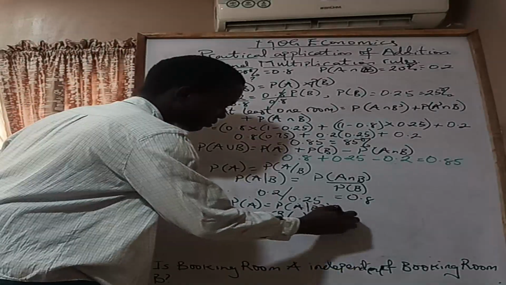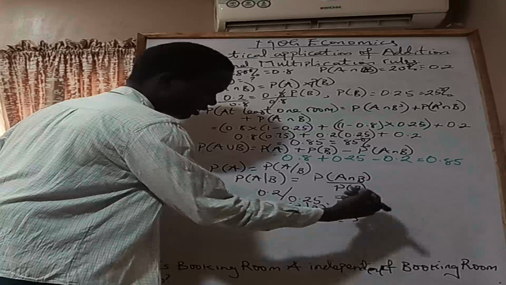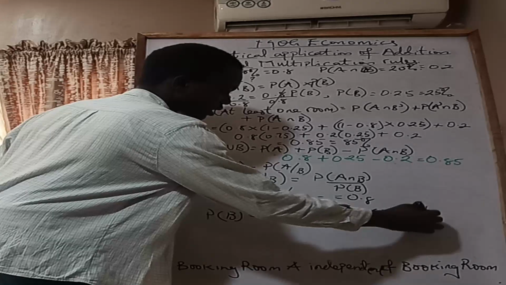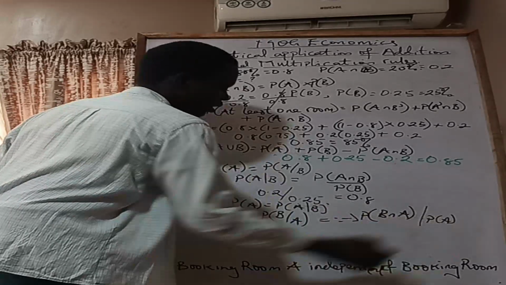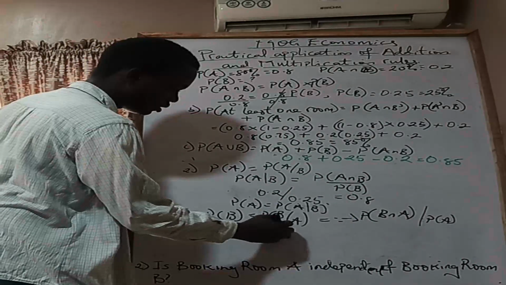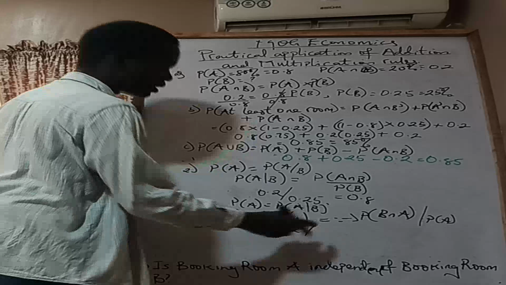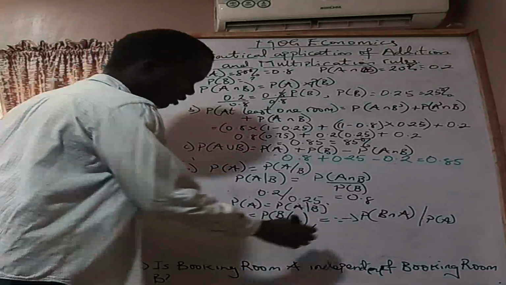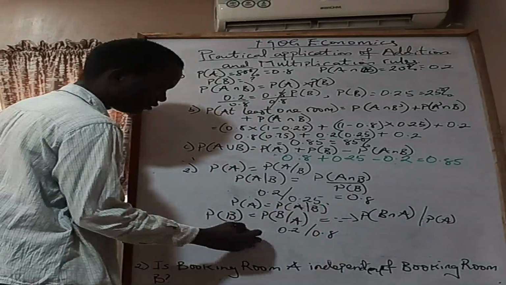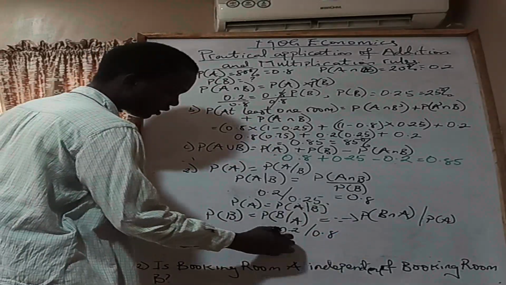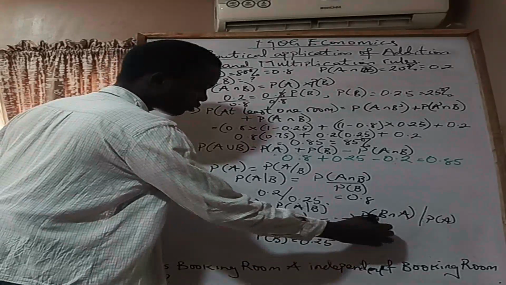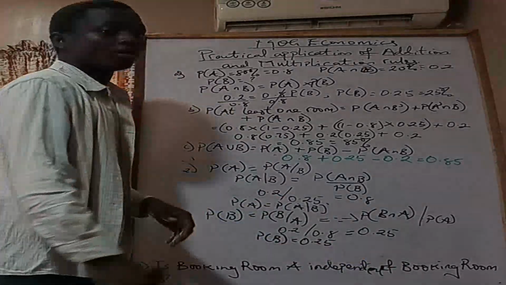The formula for B given A is B intersection A divided by the probability of event A. B intersection A is 0.2, divided by the probability of event A, 0.8. Recall that the probability of event B is 0.25. When you do 0.2 divided by 0.8, you get 0.25 again, because this is basically 1 over 4.